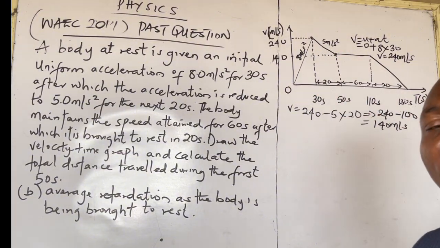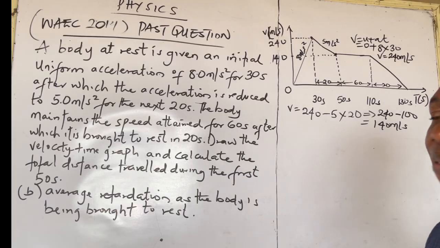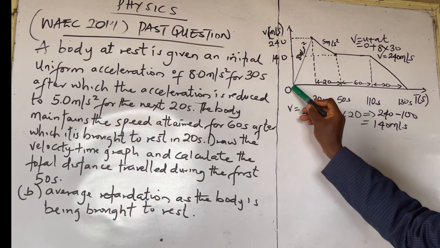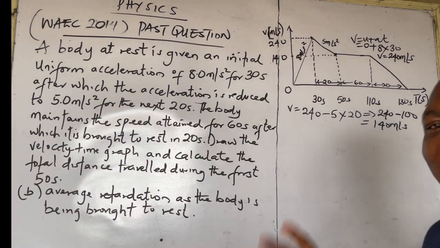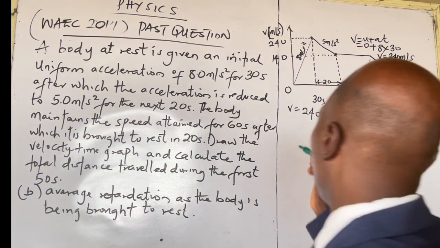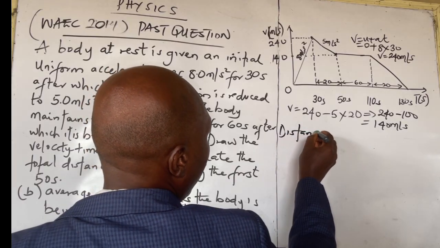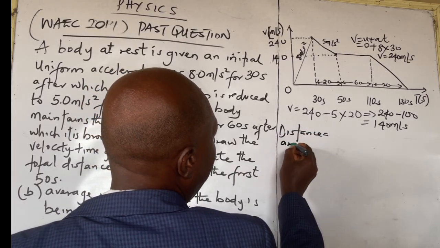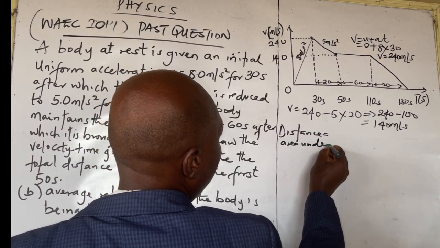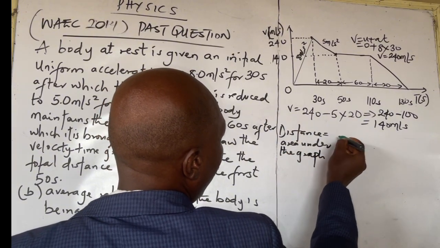So let's find the distance traveled in the first 50 seconds. We have the area of triangle plus area of trapezium. So distance equals area under the graph, so we want to add it.